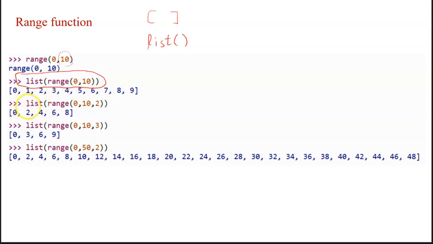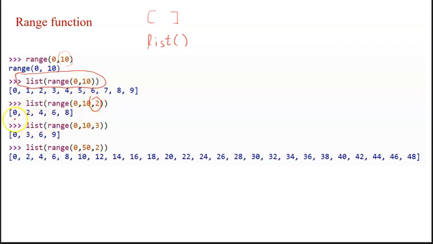If you want to go from 0 to 10, but you want to skip 2 numbers, you would type in a comma 2 over here. This is the step that you want to take. By default, the step is 1. So with a step of 2, it would go from 0 to 8; again, you never go to 10.